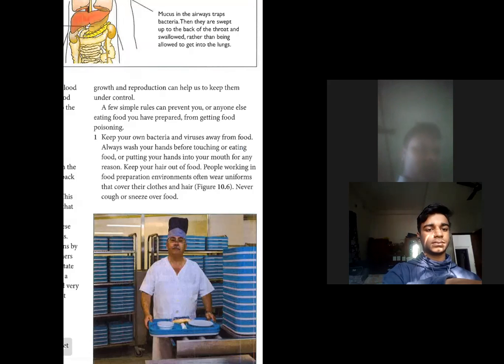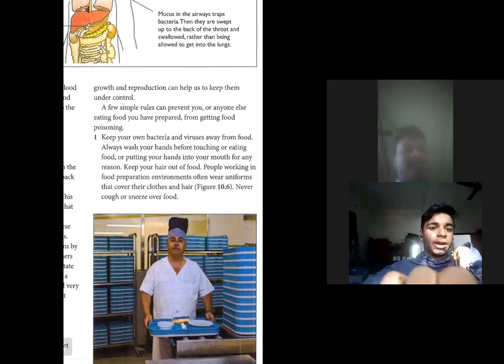We should keep our own bacteria and viruses away from food. We should cover the food, and when we are handling or preparing any food, we should also cover some parts of our body, like hands, legs, hair, and our clothes also.